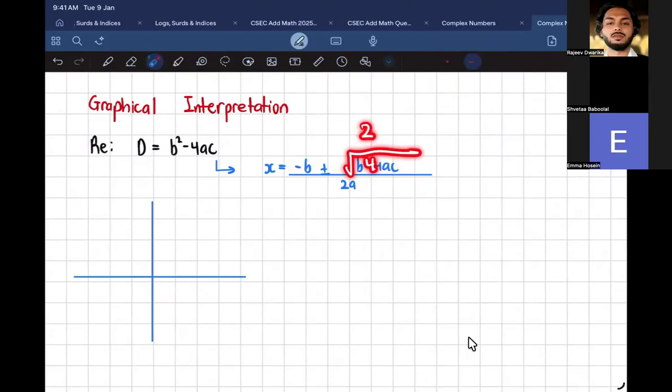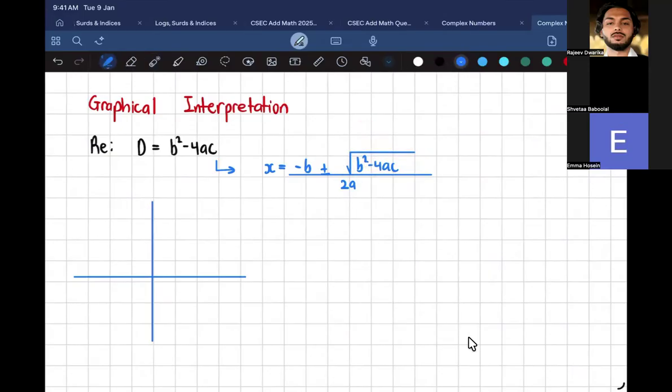So I would have two solutions where I could either add or minus 2. In that case, I would have real and unique solutions, because in one answer you'd add 2, and in the other you'd minus 2. You could also say real and distinct.